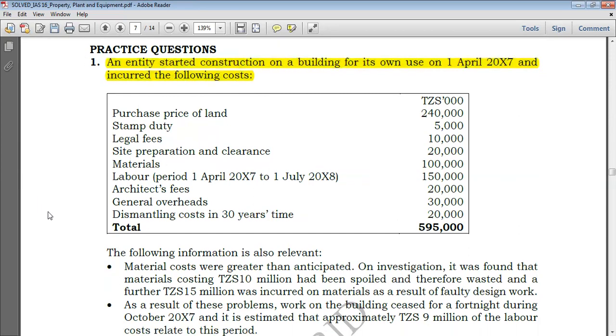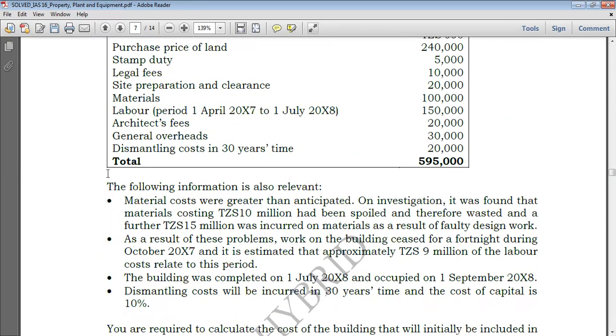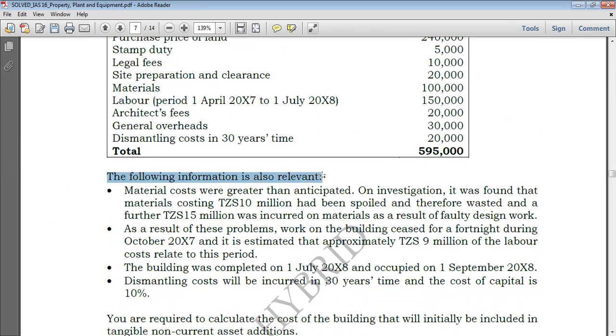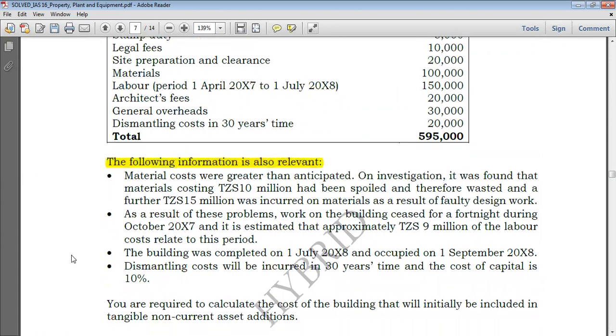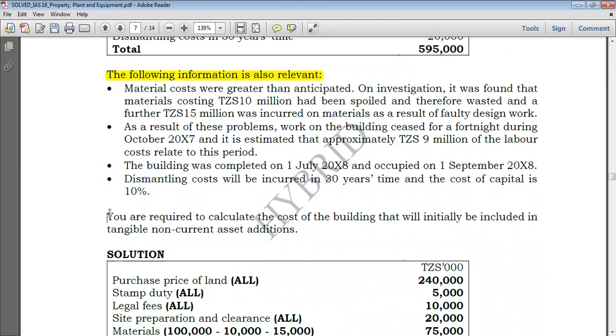We are also given further relevant information. Lastly, we are required to calculate the cost of the building that will initially be included in the tangible non-current asset additions. So we just need to know what the initial cost is.